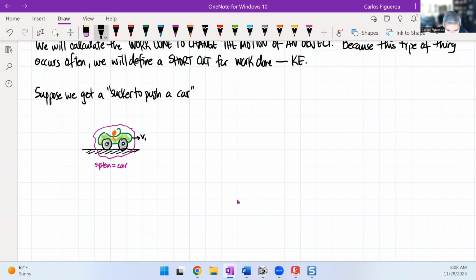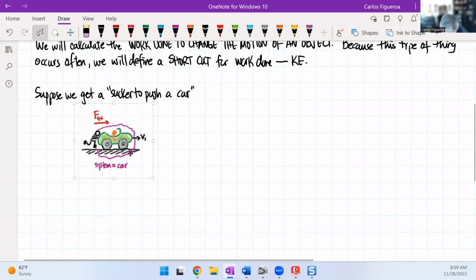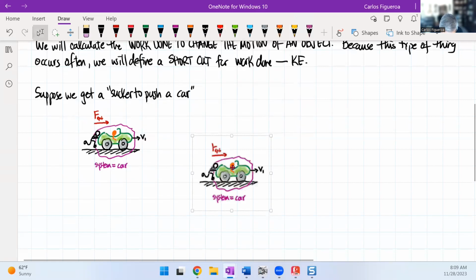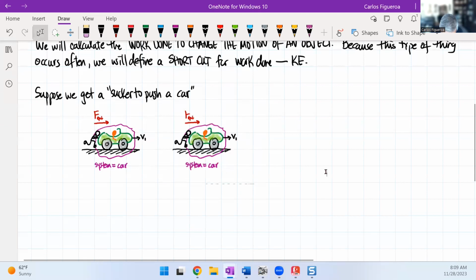And now we have our sucker, who is now pushing the car. As a consequence, the sucker applies an external force on the car. After some distance, let's say that I copy this car and move it some distance later, to about right here.